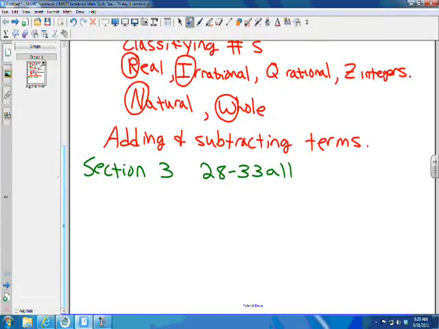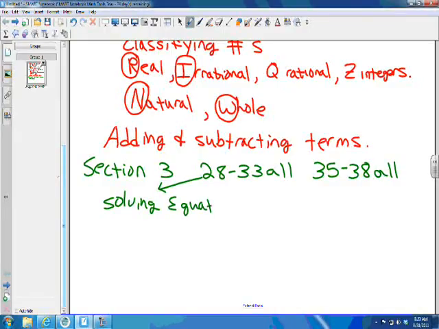And then we will also do some of those bottom 35 through 38. I'll probably only put 1 or 2 of those bottoms on there. So that first section, 28 through 33, is just solving equations.